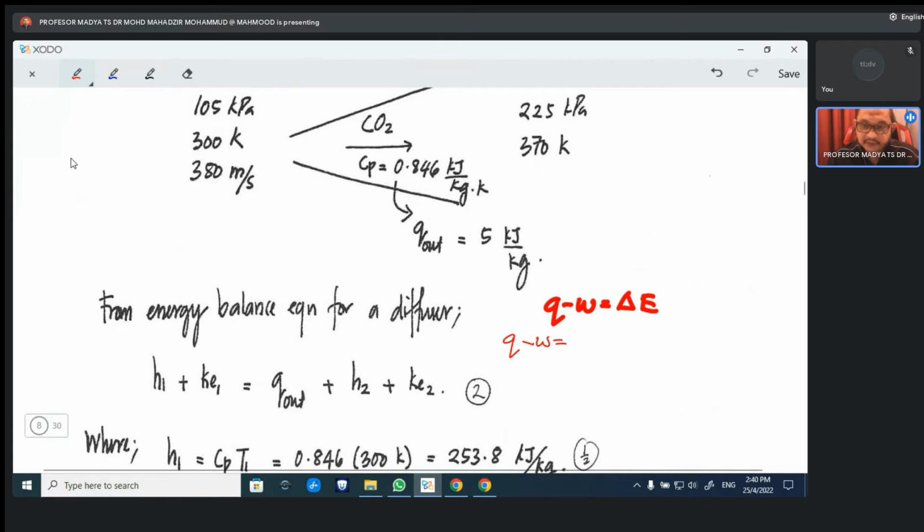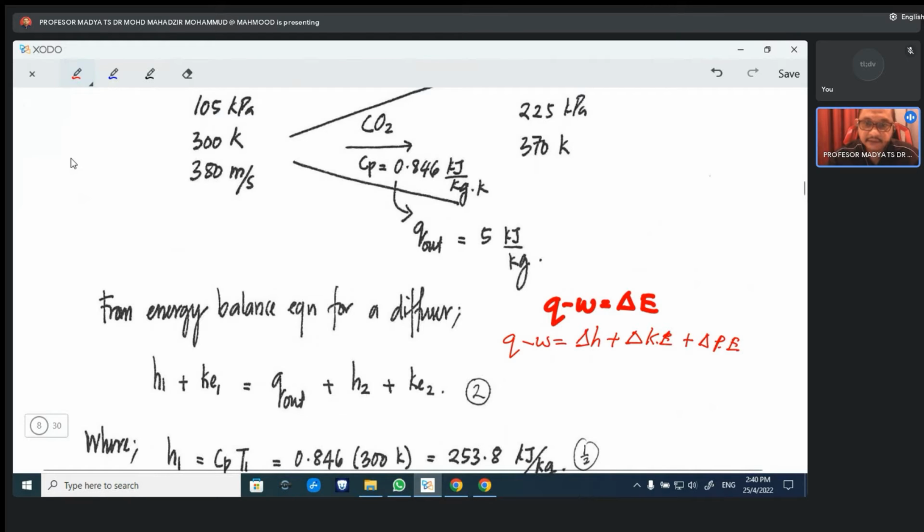This force pushing the working fluid can be easily converted to enthalpy. That means the change of enthalpy plus the change of kinetic energy plus the change of potential energy.